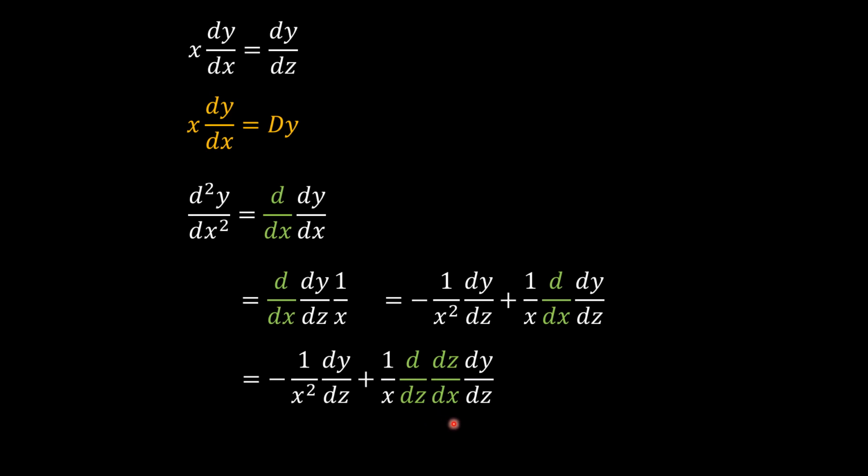Now again dz/dx is 1/x, and therefore this becomes minus 1/x² dy/dz plus 1/x² into d/dz of dy/dz. Now this d/dz of dy/dz will be what? d²y/dz².